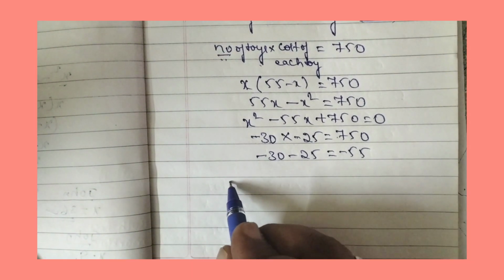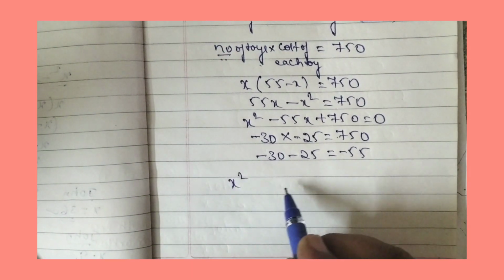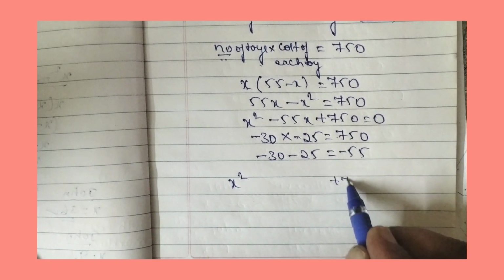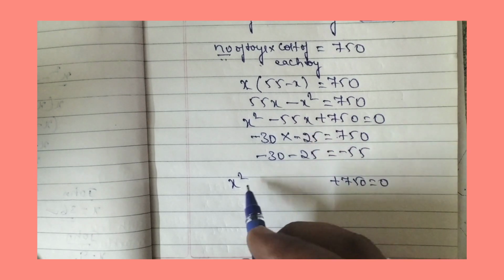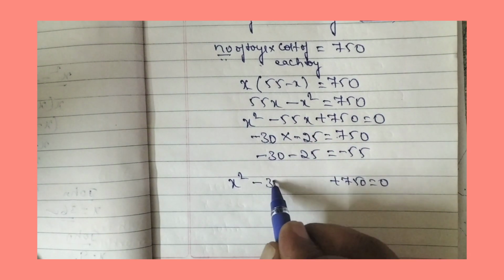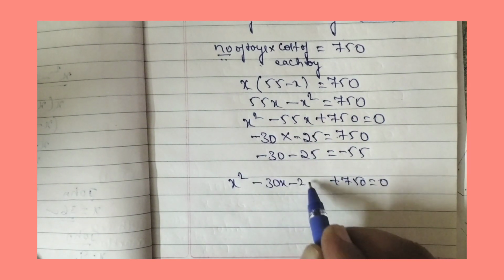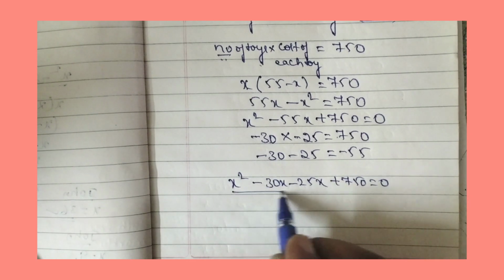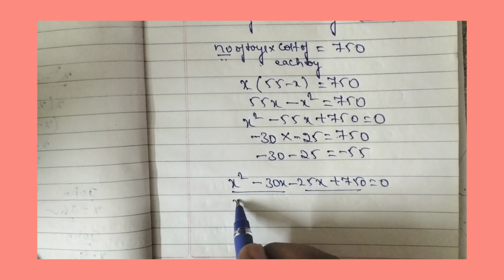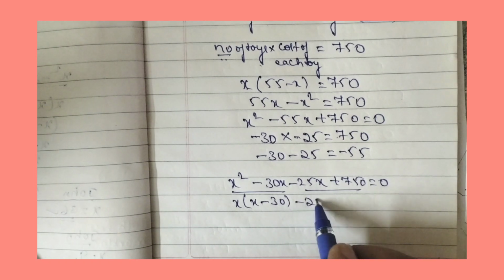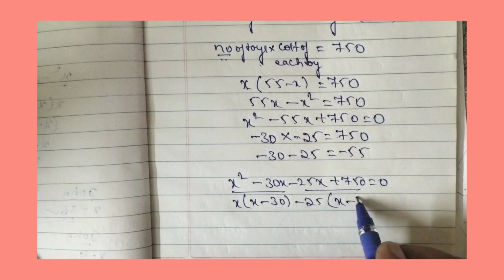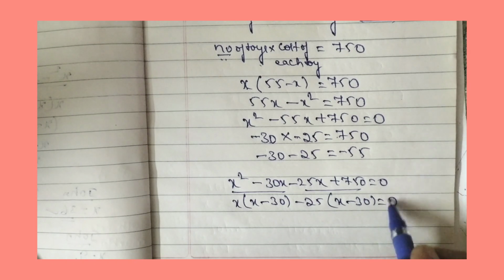So now factorize it. X square plus 750 as it is, which is equal to 0. So minus 55x can be written as minus 30x minus 25x. These two one group, these two one group. X common, x minus 30, minus 25 common, x minus 30, which is equal to 0.